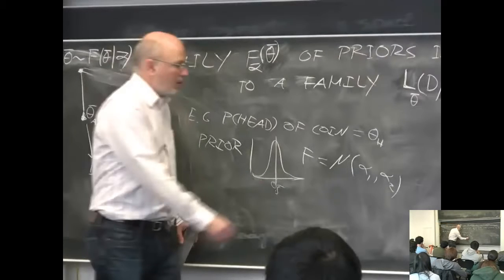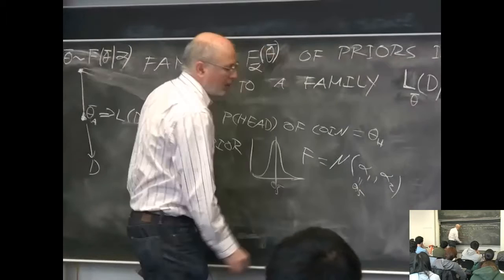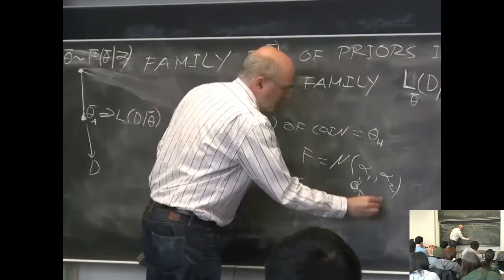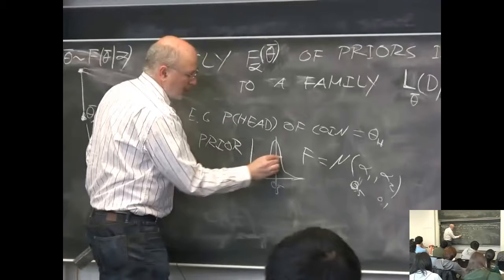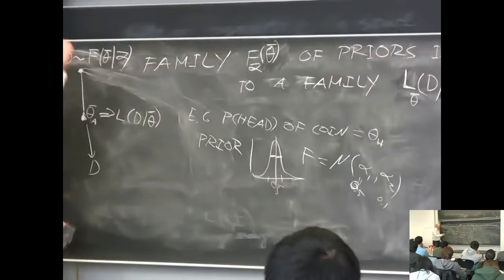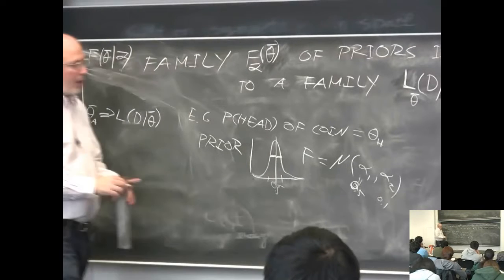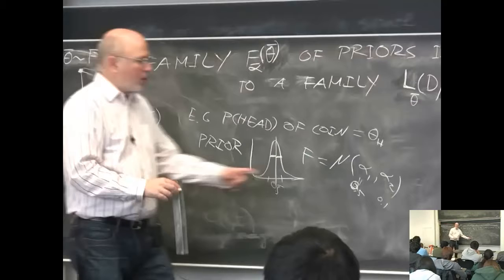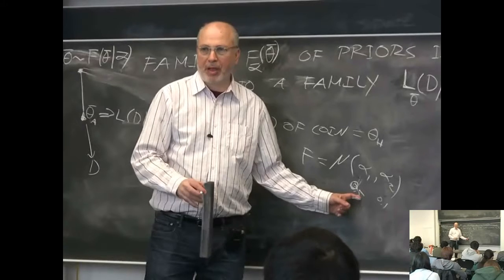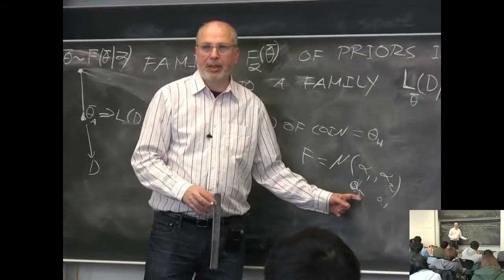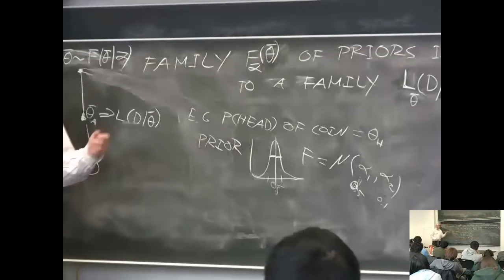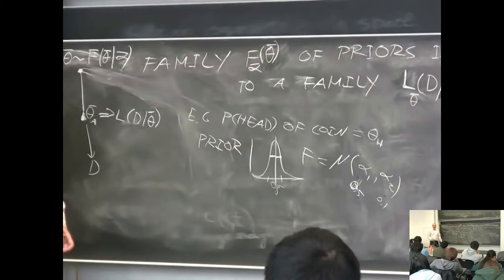Say this alpha 1 is 0.5 and alpha 2 might be 0.1. So for a particular choice of the alpha parameters, I get a particular member of the prior family, a particular prior from which I draw the probability of head for every coin that comes out.